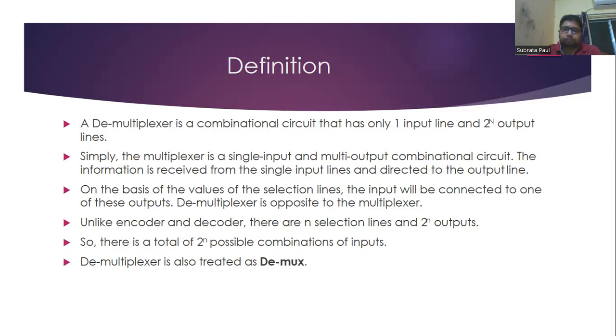That is, on the basis of the select lines, the input will be directed to the 2 to the power n output lines. Like encoder and decoder, there are n selection lines and 2 to the power n outputs for a demultiplexer. Now, a multiplexer in short is known as mux, and a demultiplexer will be known as demux.